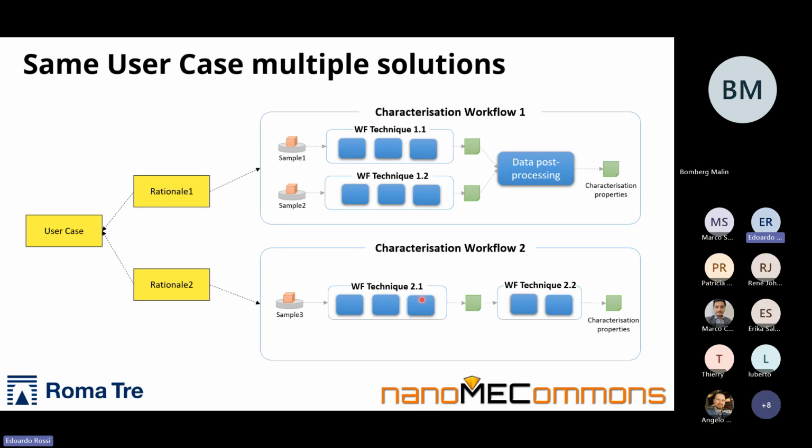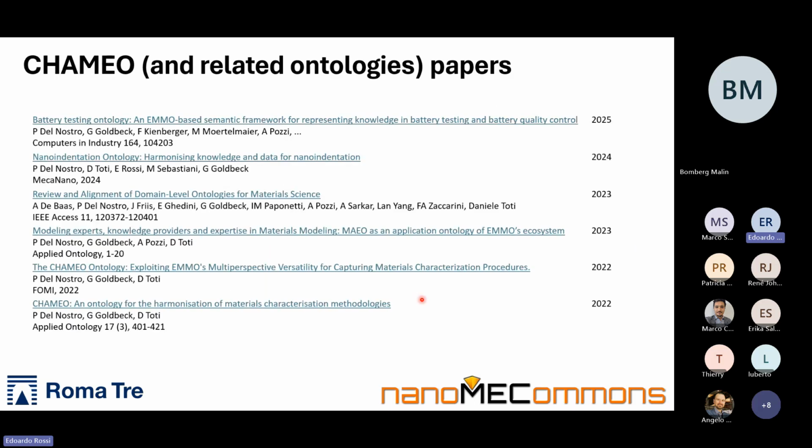This is because a specific user or a specific intent can be divided in several ways to reach the characterization property you need. So it's not mandatory to have a single use case and then have a single rationale. You can define multiple rationales to that.